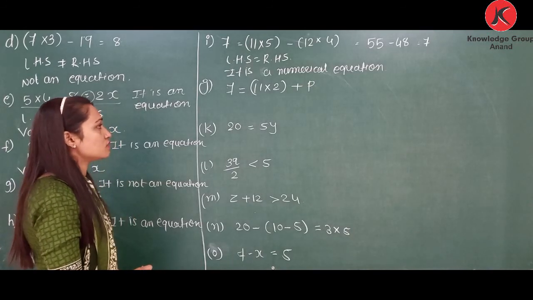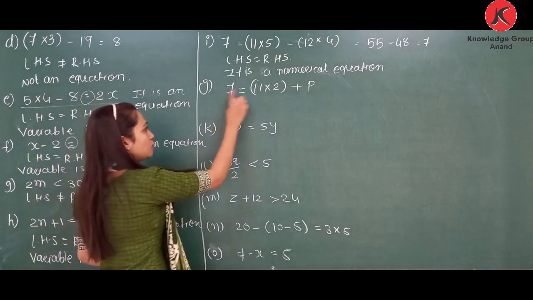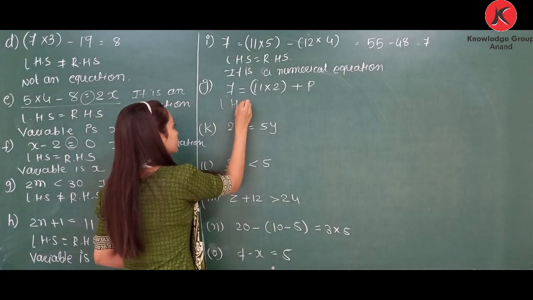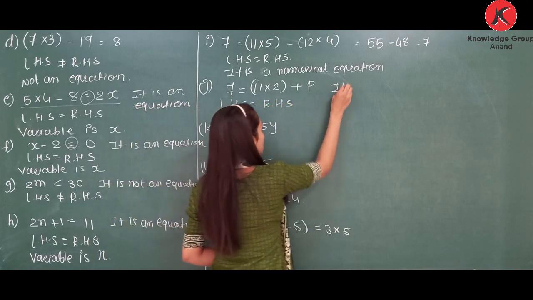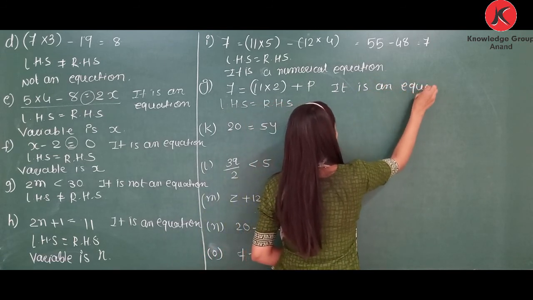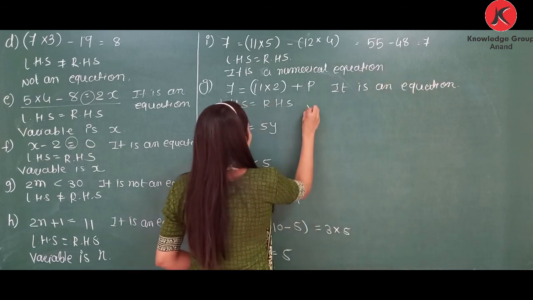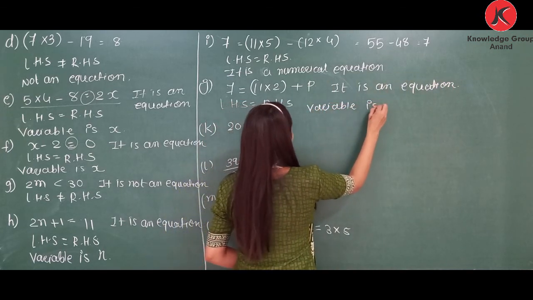Next, 7 is equal to 11 multiplied by 2 plus p. Again, left hand side is equal to right hand side is given. That is our reason. Why? Because it is an equation and variable is p.